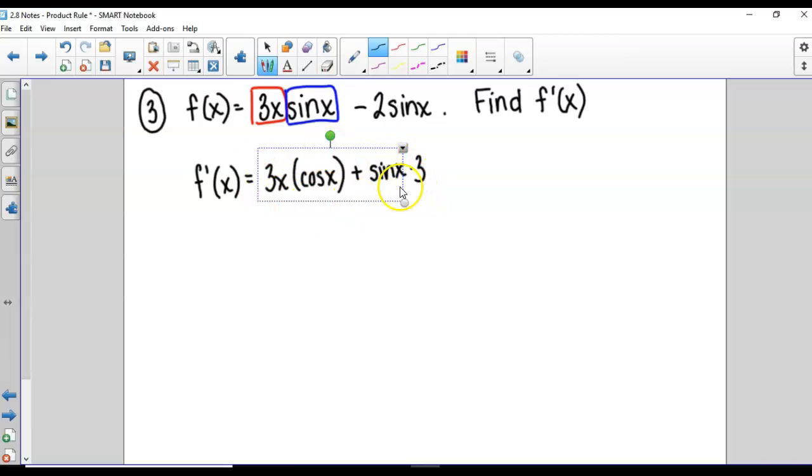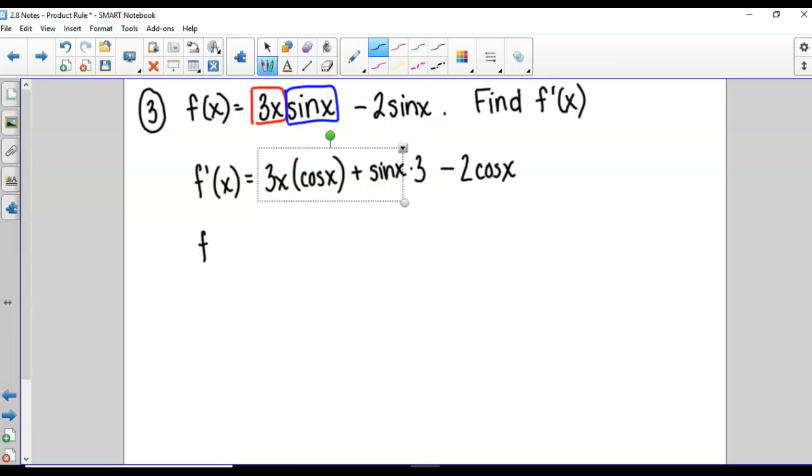And so this gives us the derivative of just this first part. We also have to take the derivative of the minus 2 sine x. The product rule is not necessary here because that 2 does not have an x with it. That 2 is just a coefficient. So here the derivative of sine x is cosine x. So we get minus 2 cosine x.